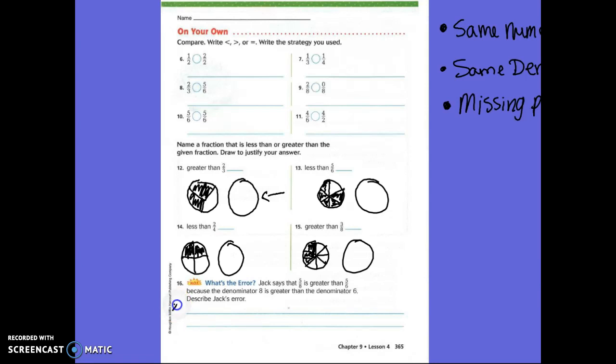Okay. The more pieces it is split into, the smaller the pieces are.